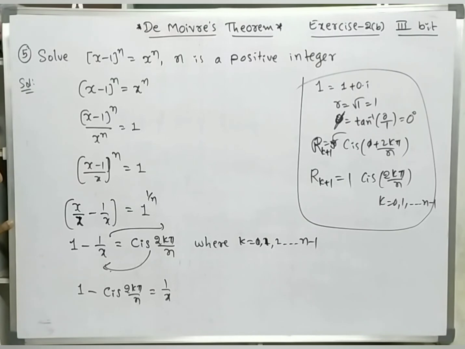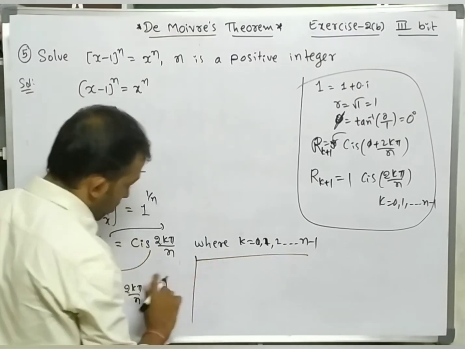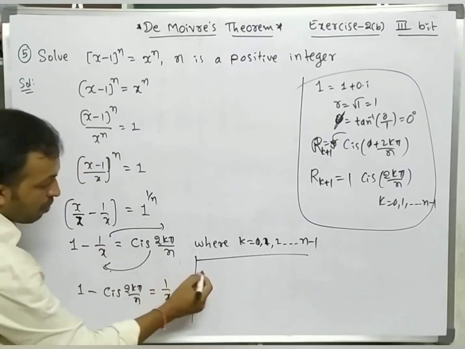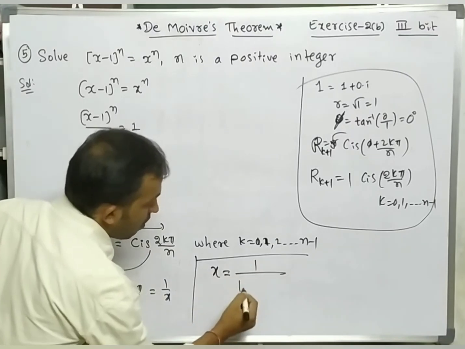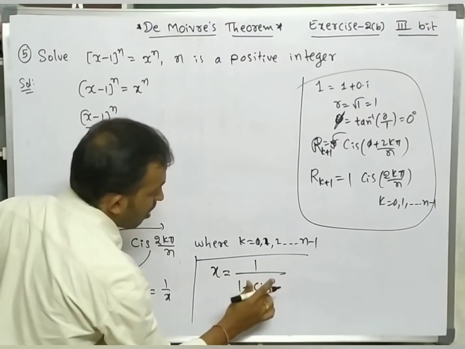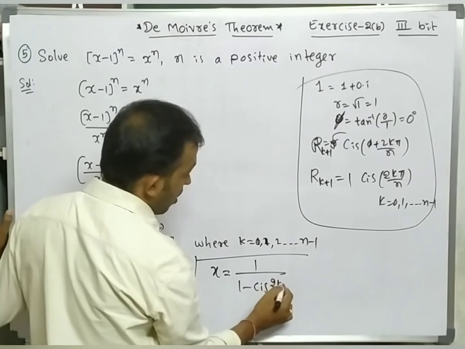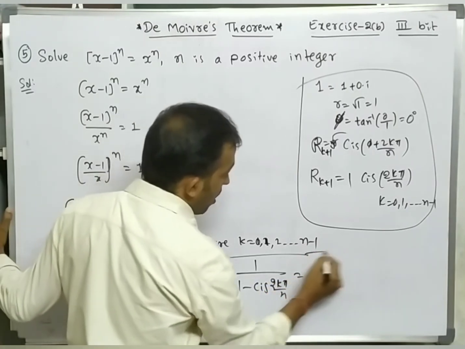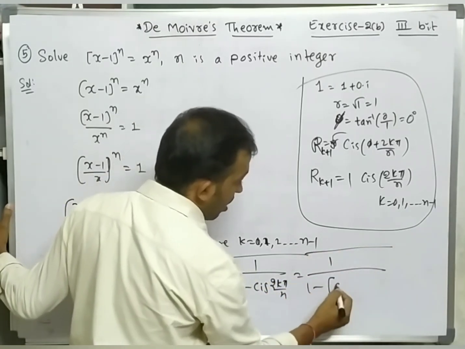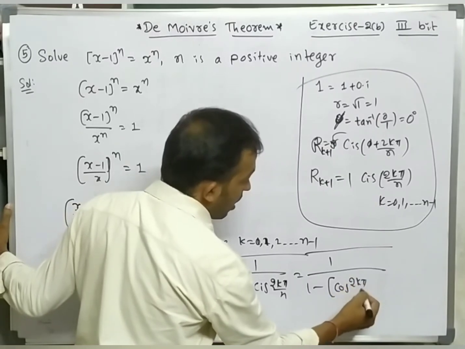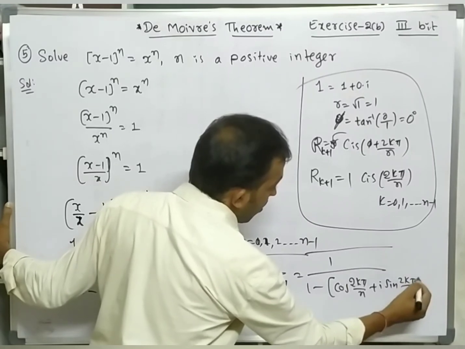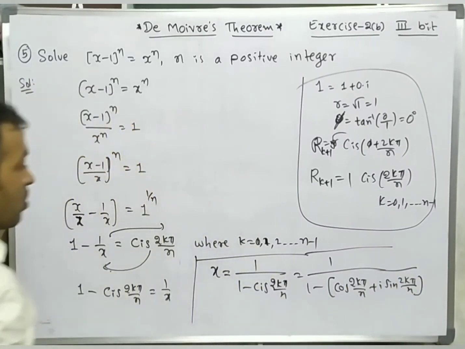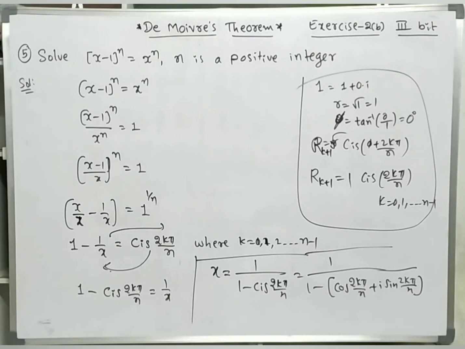So reciprocate means 1 by x becomes x by 1. This becomes 1 by 1 minus cis 2k pi by n. So cis 2k pi by n can be written as cos 2k pi by n plus I sin 2k pi by n, where k is equal to 0, 1, 2, so on n minus 1.